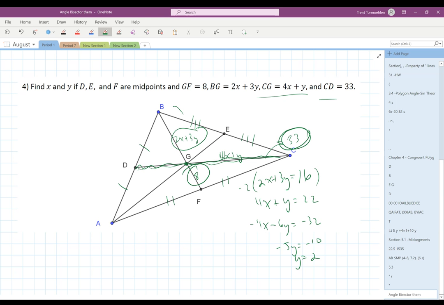And then if y equals 2, we substitute that back in up here, and we get 4x plus 2 equals 22. So 4x equals 20, or x equals 5. So the correct answer to this problem is x equals 5 and y equals 2.